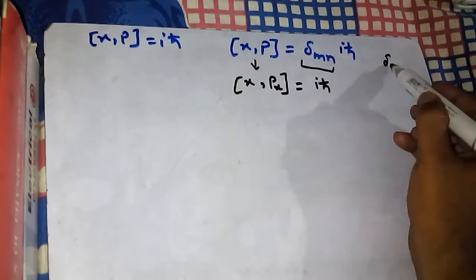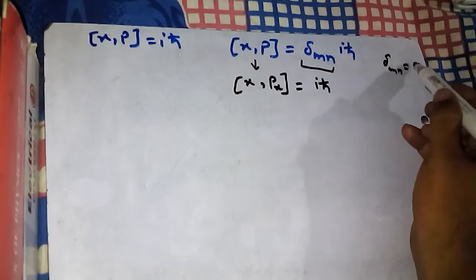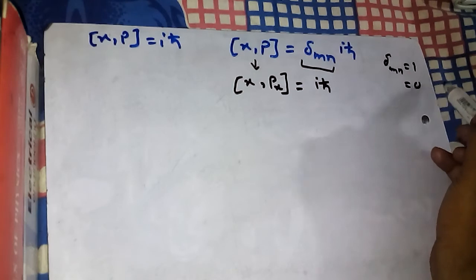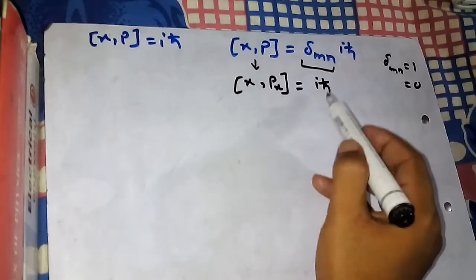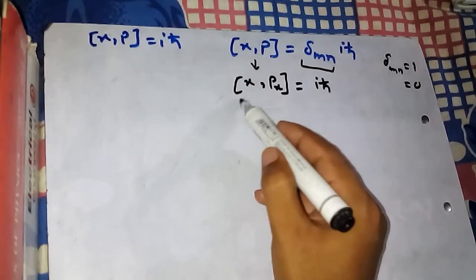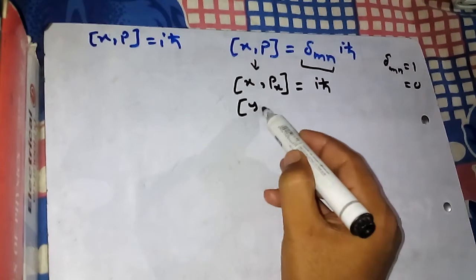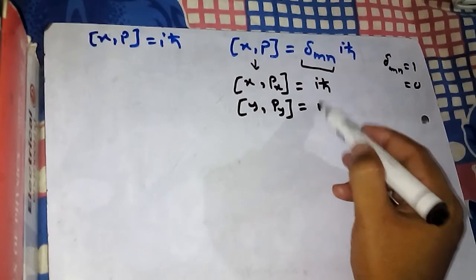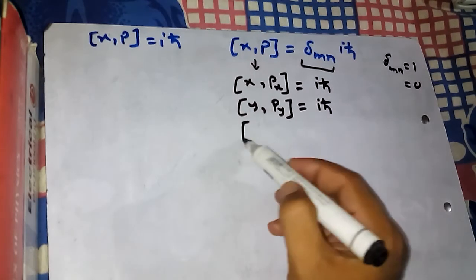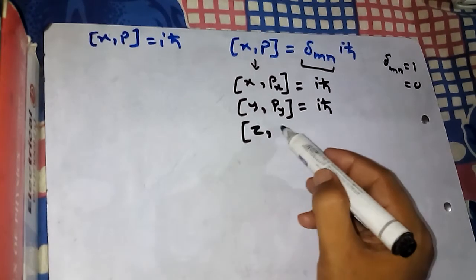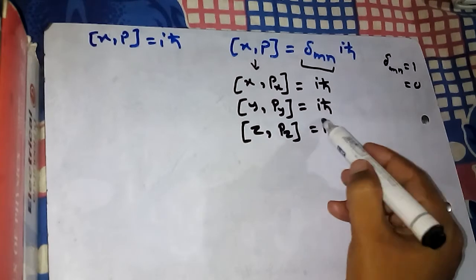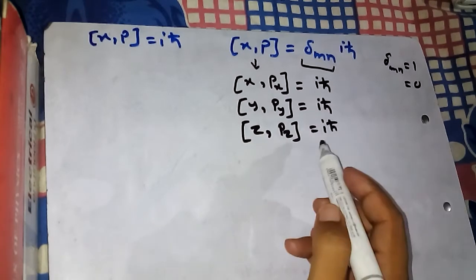We know that δ_mn is equal to 1 when m equal to n, and it is equal to 0 when m is not equal to n. So when the components are same, it is iħ. Similarly, when we have y component of position and y component of momentum, their commutation gives iħ. Similarly, z component of position and z component of momentum will give us iħ.